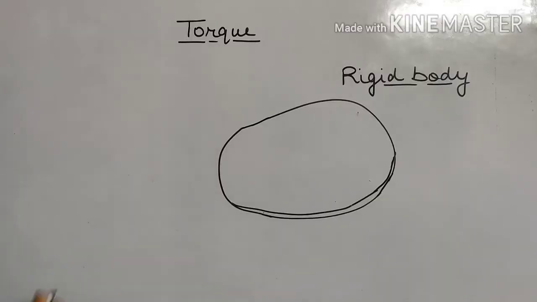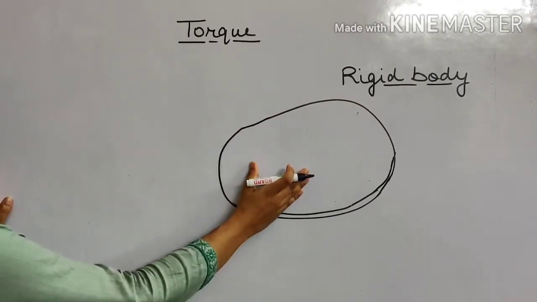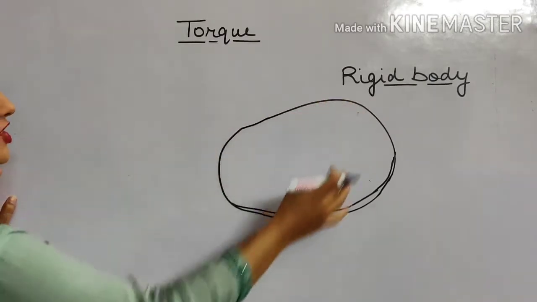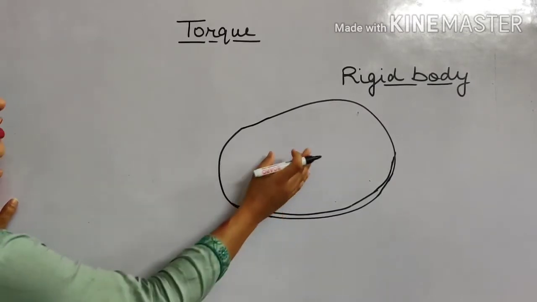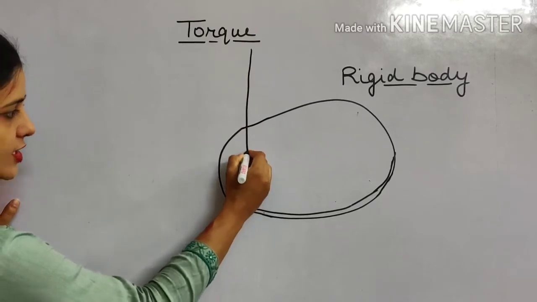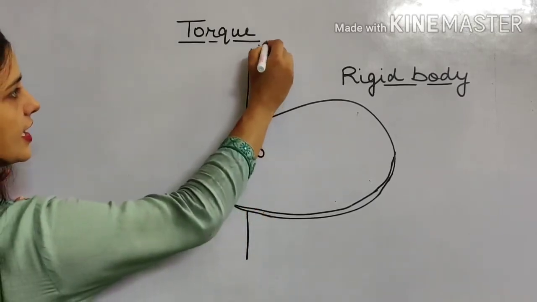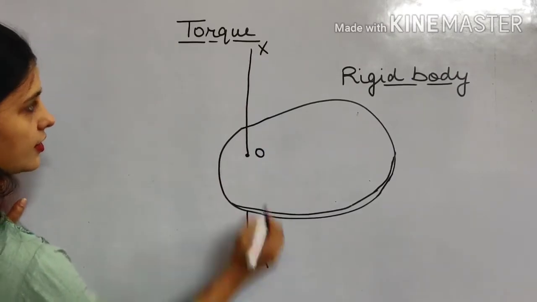Now see the expression of torque. Let us understand the topic of torque with the help of a diagram. This is a rigid body. Let us consider this body is free to move about an axis of rotation, X dash.